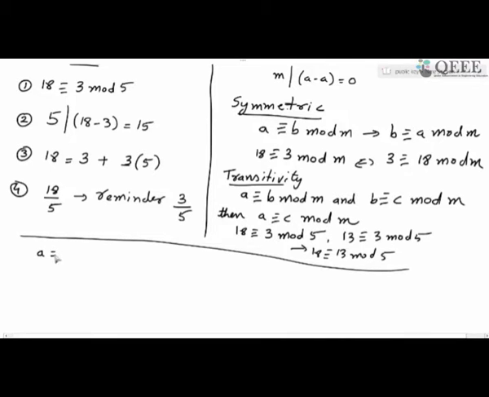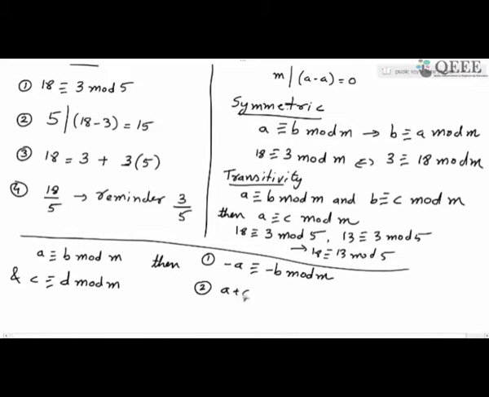That is, if A is congruent to B mod M and C is congruent to D mod M, then 1, minus A is congruent to minus B mod M, 2, A plus C is congruent to B plus D mod M, and 3, you can actually multiply these.